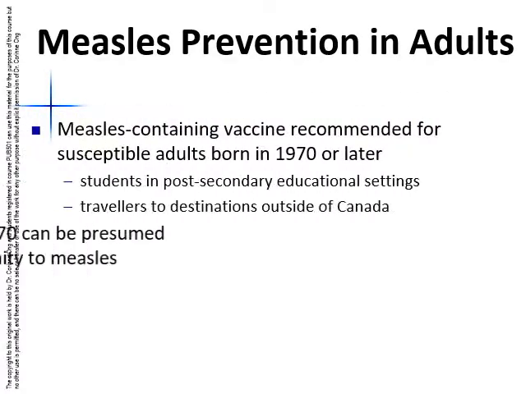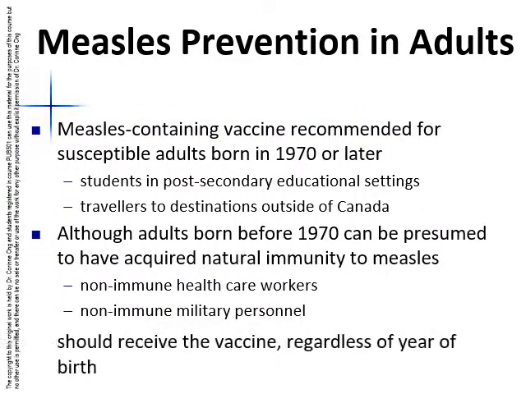The measles-containing vaccine is also recommended for susceptible adults, such as students in post-secondary educational settings and travelers to destinations outside of Canada who were born in 1970 or later. Although adults born before 1970 are presumed to have acquired natural immunity to measles, the vaccine should be administered to several occupational and recreational groups, such as non-immune healthcare workers and military personnel, regardless of when they were born.